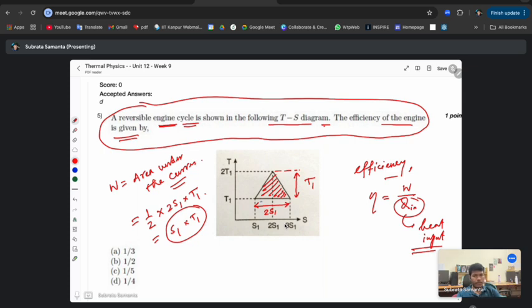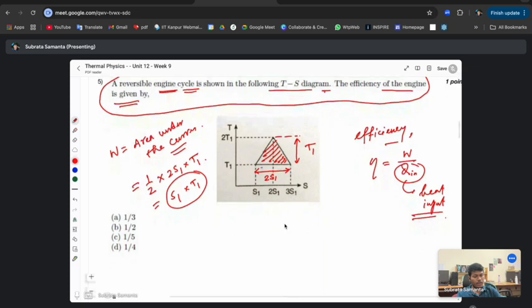Now what is the heat input Q in? To calculate this, we just take a ratio, which gives the efficiency of the engine. The area in the TS plane, which is the work done, is Q in minus Q out.